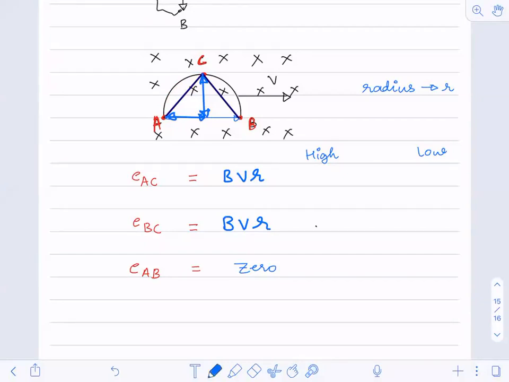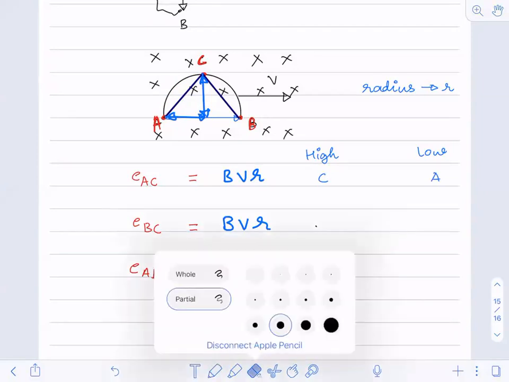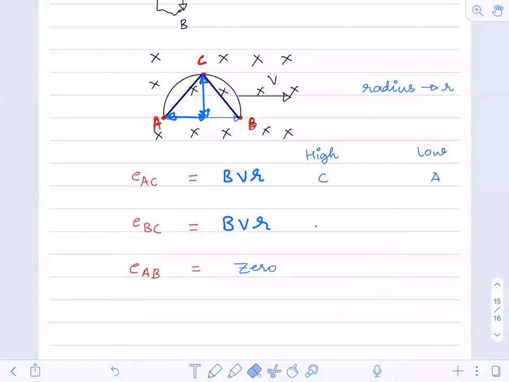Your palm will face towards C. So C is the high potential end and A is the low potential end. So positive I'm writing at C. A is minus potential, slightly lower potential.